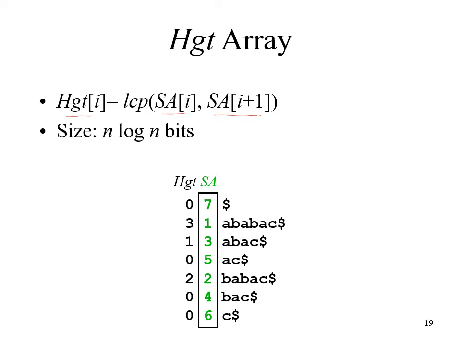So this is the length of the common prefix. Then the size of the height array is also n log n bits, because height is in the worst case n. But actually we can compress this height array.